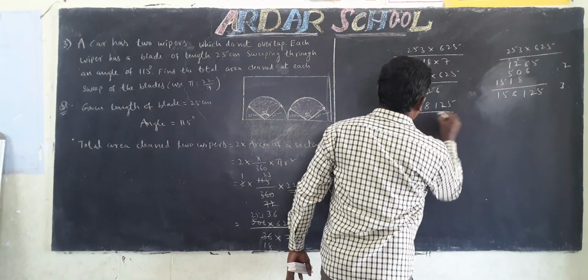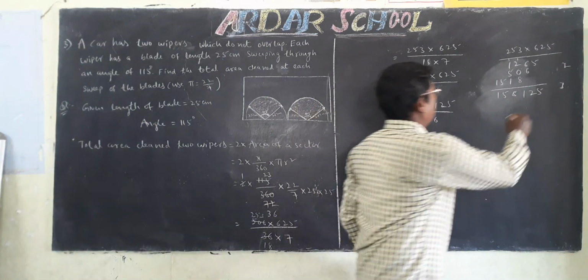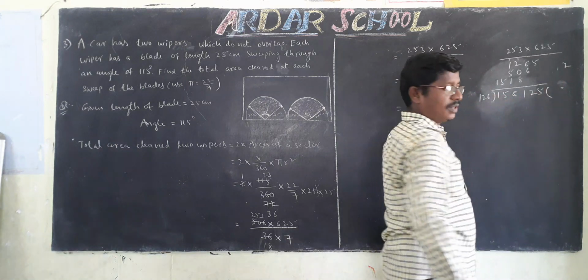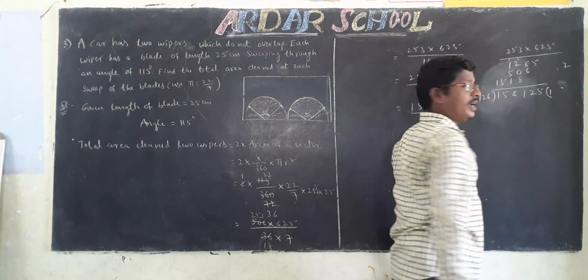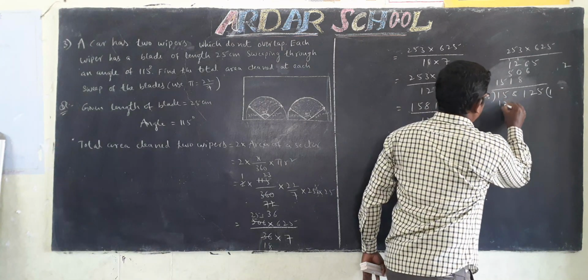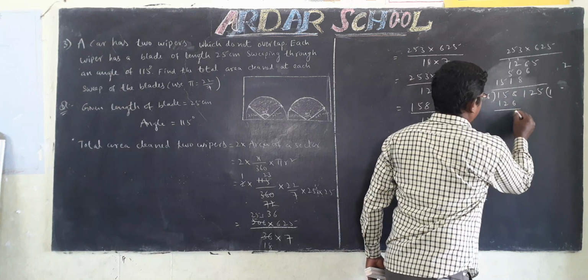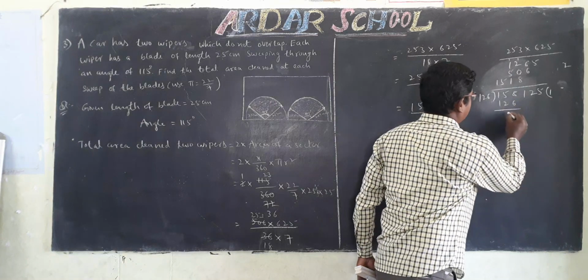So 1,58,125 by 126. Now we have to divide by 126. 126 ones are 126. The remainder is 8 minus 6 is 2, 5 minus 2 is 3.